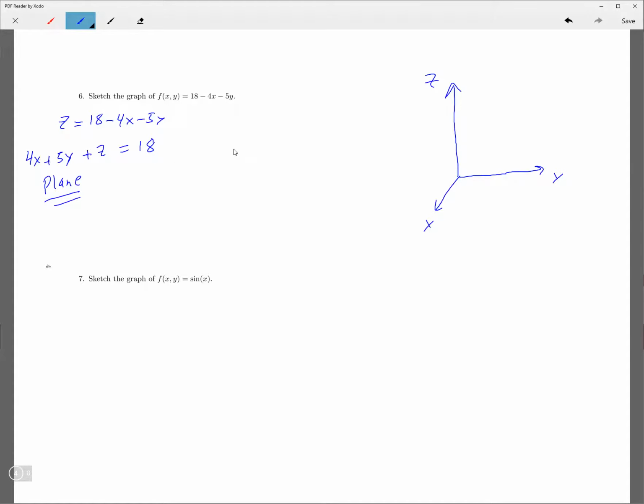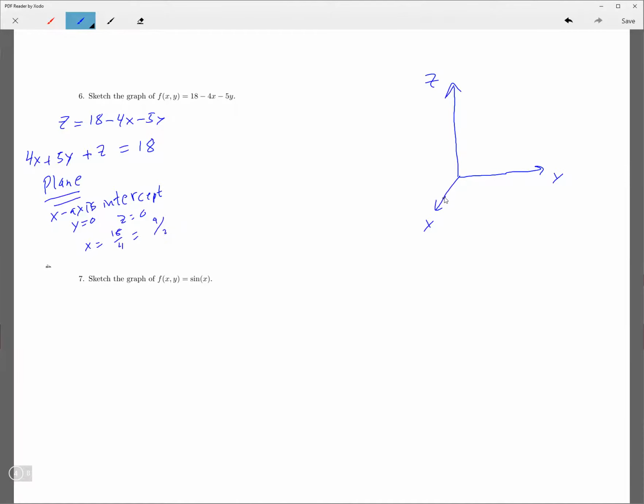What you're going to look for is, where does the plane intersect the x-axis? We'll call it the x-axis intercept. You just have to solve for x. You set y and z both equal to 0, and then x is going to be 18 over 4, which is 9 halves.